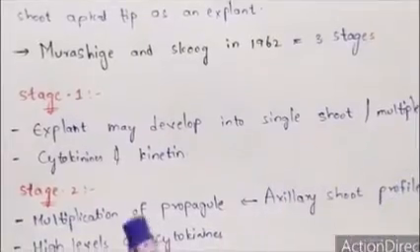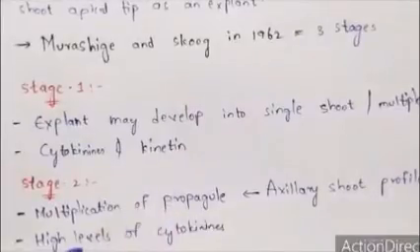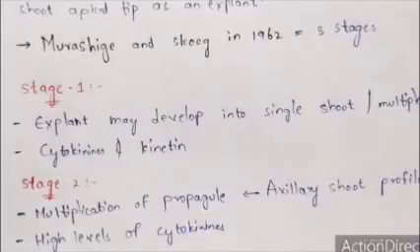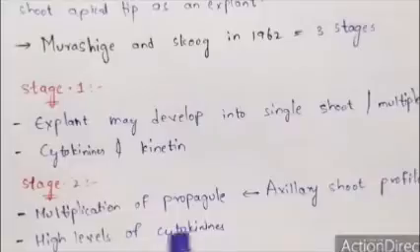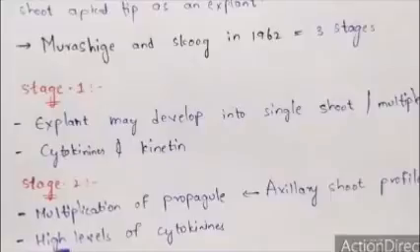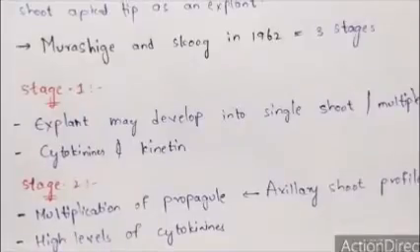This is your stage 2, and in this stage 2, high levels of cytokinins are required. You know about the plant growth hormones, right? There are three types of plant growth hormones: auxins, cytokinins, and gibberellins. Among these, cytokinins are required in high levels. Remember, high levels in stage 2.